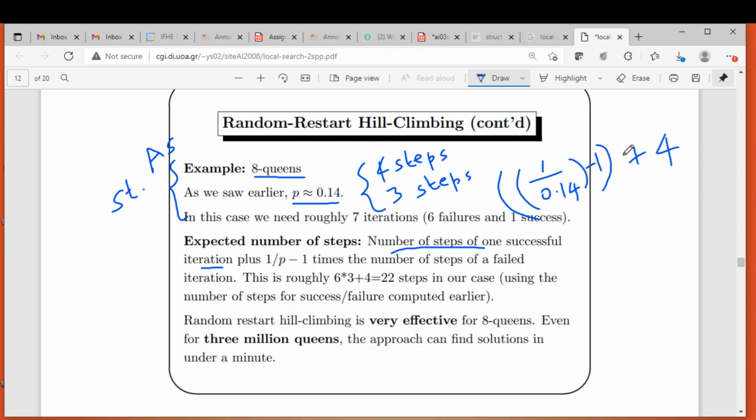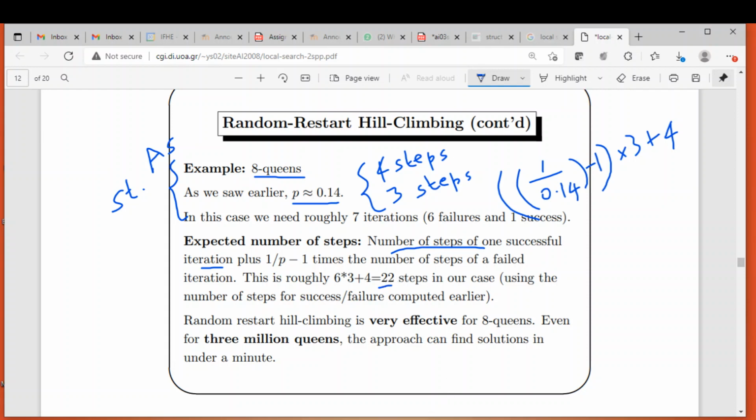So that is 3. Okay, right? So into 3 plus 4. So let me write it properly. So it is into 3 and plus 4. Okay.